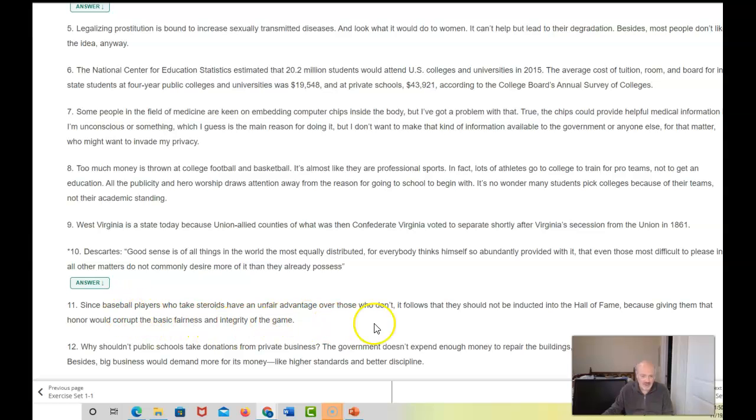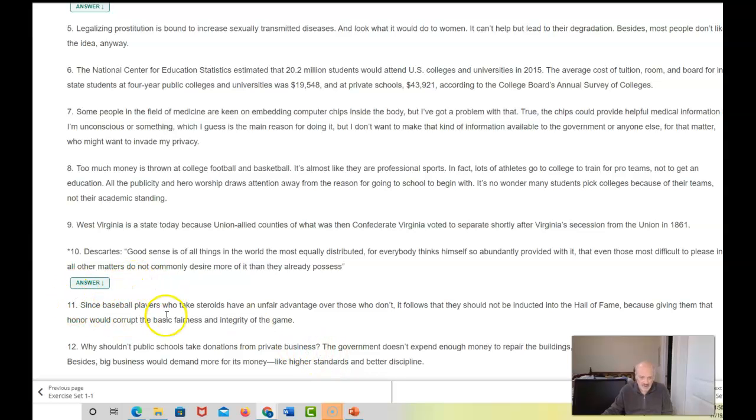Since baseball players who take steroids have an unfair advantage over those who don't, it follows that they should not be inducted into the Hall of Fame, because giving them that honor would corrupt the basic fairness and integrity of the game.